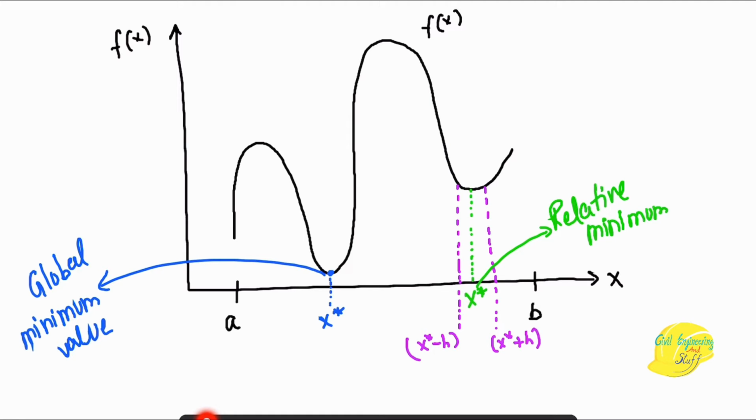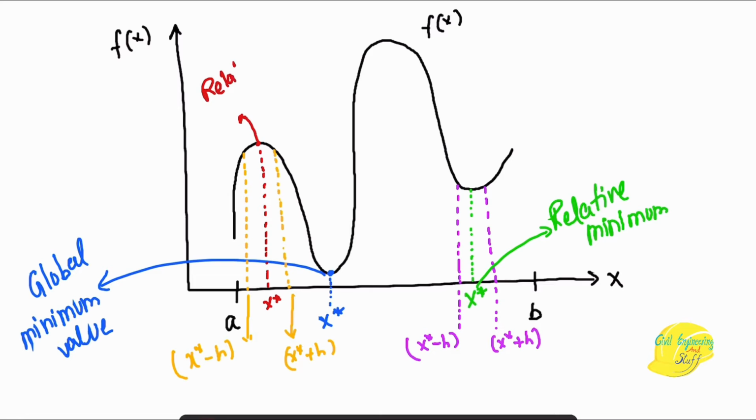Likewise, if we talk about the global maximum and relative maximum, in this function at a point x equal to x star which is defined for a very small interval, x star minus h to x star plus h, when we get a maximum value in that small interval, this is called a relative maximum.